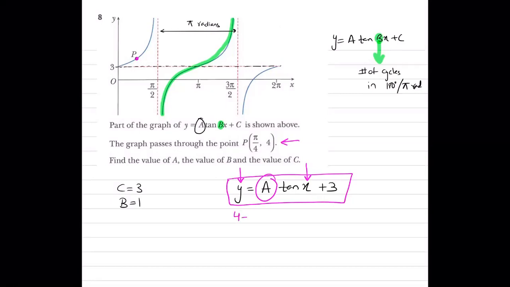So when y is 4, x is pi by 4. What is tan pi by 4? 4 minus 3 is going to be 1. What is tan pi by 4? You can use your calculator to do this. Tan of pi by 4.